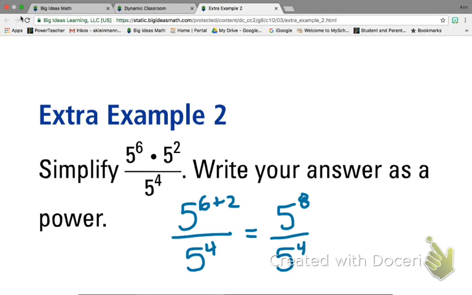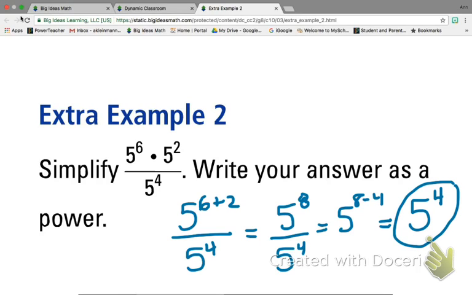Now we could use the quotient property. And our final answer would be 5 to the 4th power. And so we were asked to leave it as a power, and there's our answer.